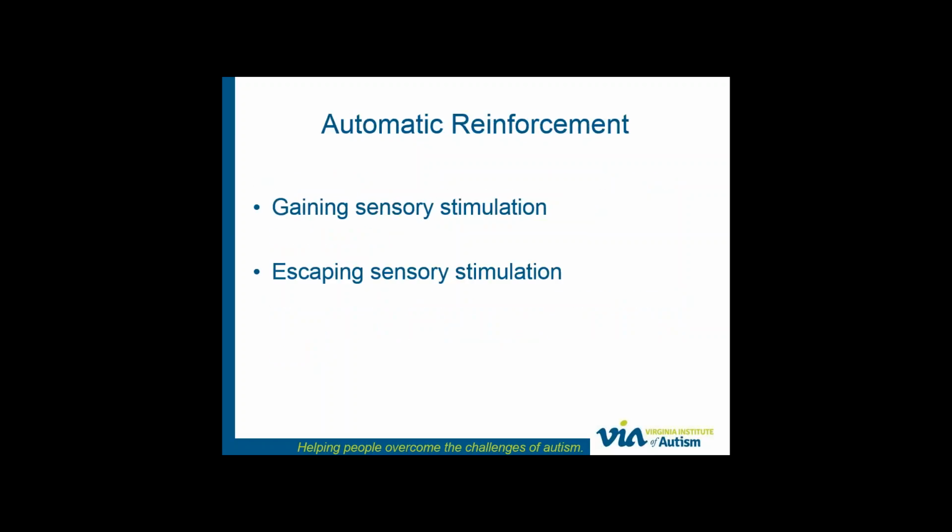So the final function that we're going to talk about today is automatic or sensory reinforcement. Automatic reinforcement provides some sort of sensory stimulation, right? One example of positive, or gaining, sensory stimulation is coffee. I drink coffee and I get a little jolt of energy, right?